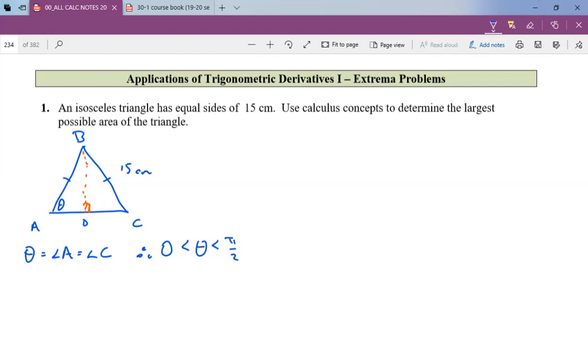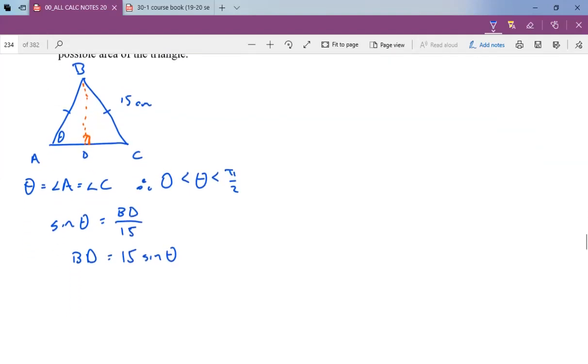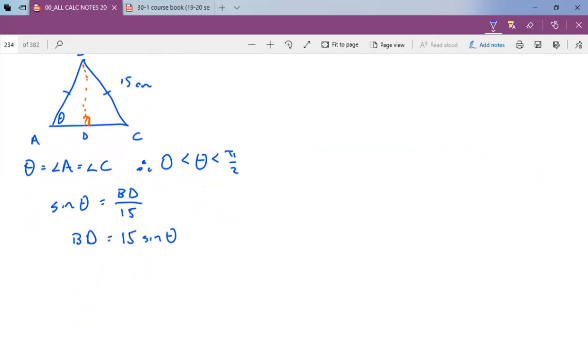We're trying to find the height, or altitude, of this triangle. We do know that AB is 15, and so we have the relationship that sine theta is equal to BD, which is the height of that triangle, divided by AB, which is 15. So therefore, BD equals 15 sine theta. So that's the first stuff we're going to start with here.